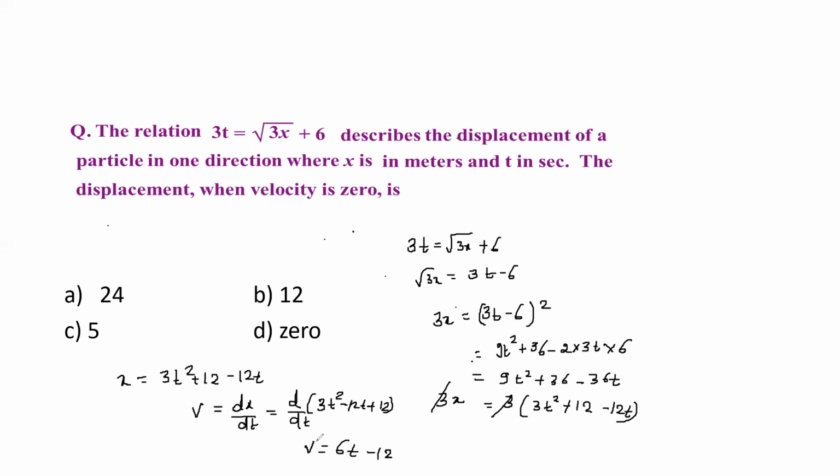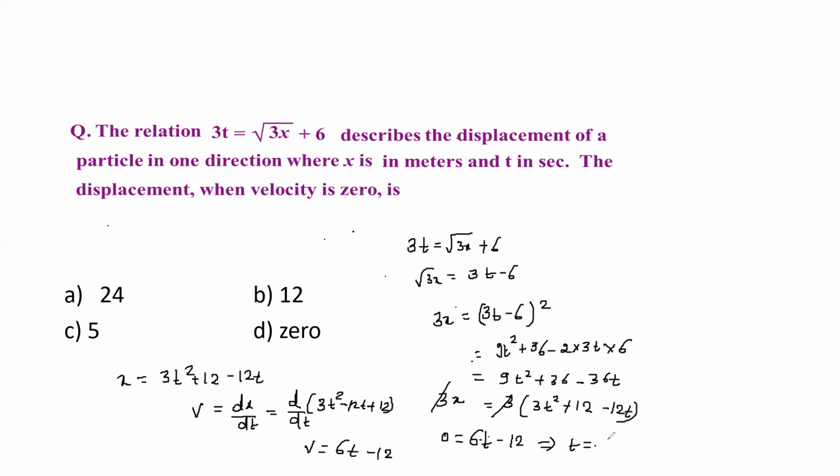That is v is equal to 6t minus 12. But what they have said in the question, the velocity is 0. Therefore, 6t minus 12 is 0. Therefore, it implies t is equal to 2 seconds.